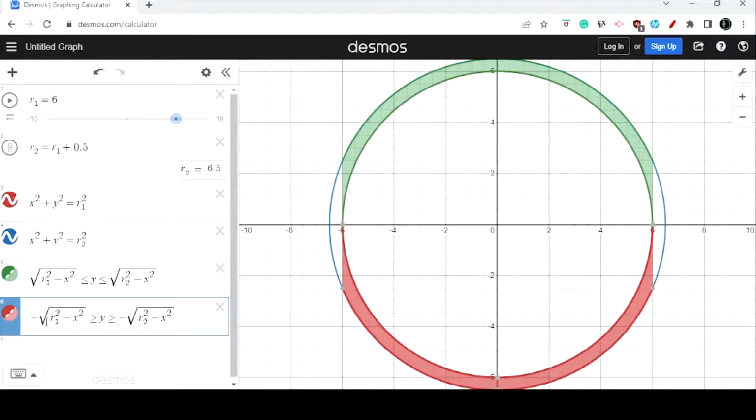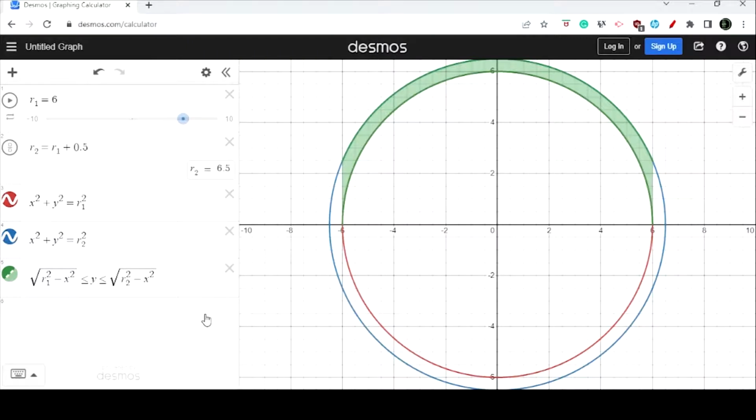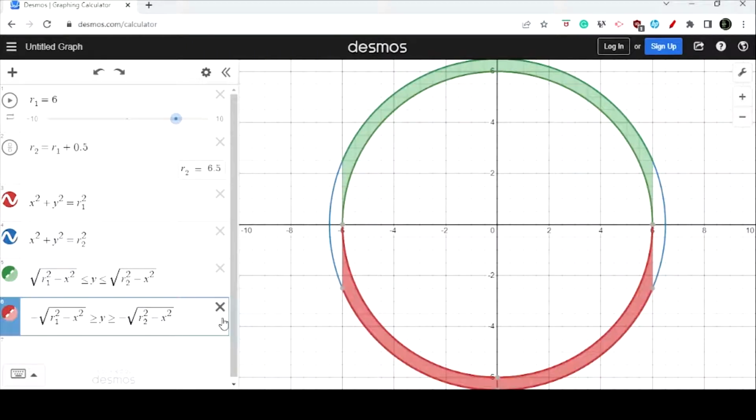The reason is that this line that I'm pointing at, the bottom half of the inner circle, is situated on top of the bottom half of the outer circle. If you accidentally made a mistake, like I just did, Control Z will bring it right back.